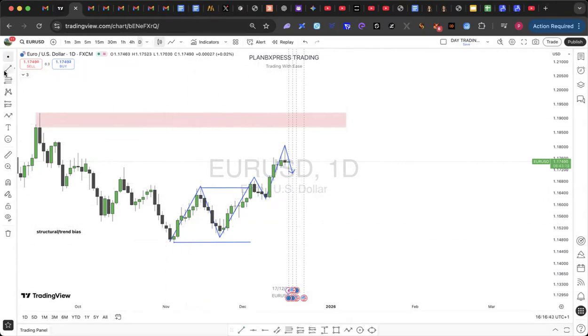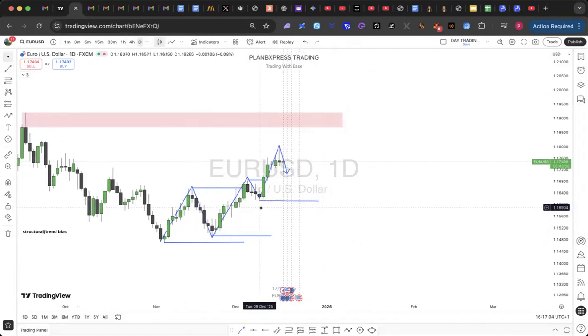Now we have another low here. So this is another low. Then we have another high here. So then we have another low here. Are you following now?